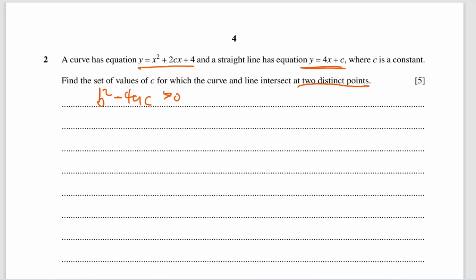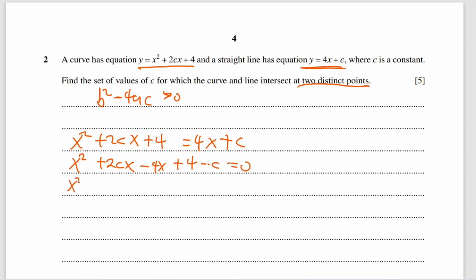Now, since they actually meet, what we want to do is to equate our two y values. So we are going to equate the quadratic to the linear, and then we are going to have this plus 2cx minus 4x plus 4 minus c equal to 0.